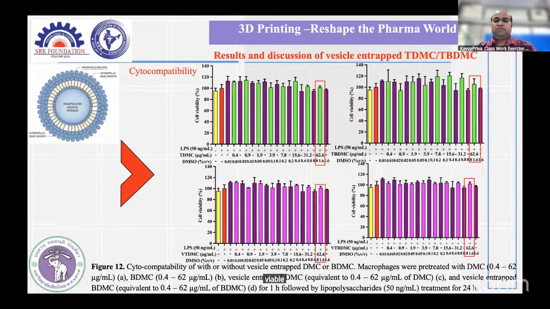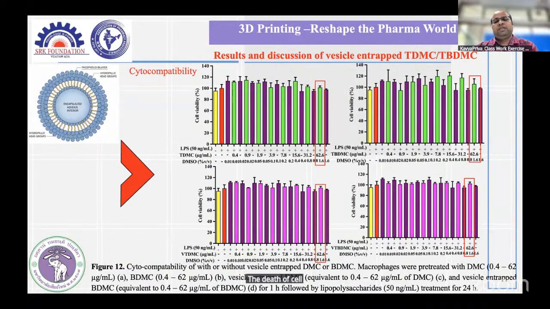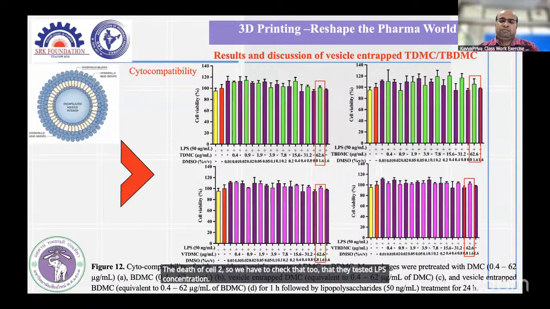Sometimes if we treat with a high concentration of LPS to induce inflammation, it can cause cell death too. So we have to check that the tested LPS concentration does not affect the cell viability. Ultimately, the aim was that the reduction in inflammation should come from viable cells, not from dead cells.